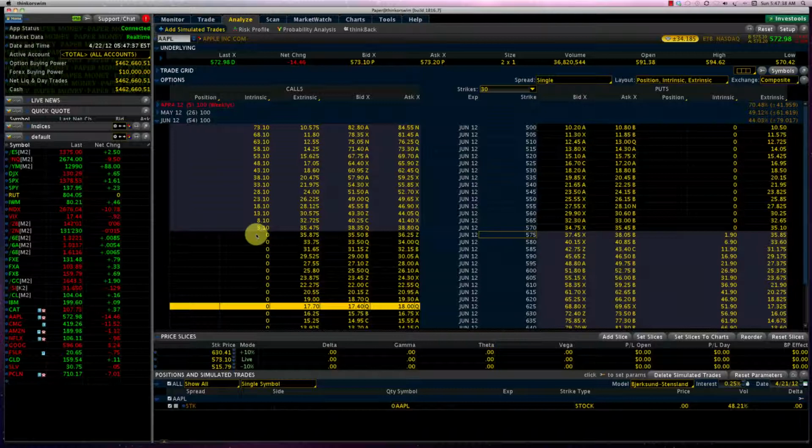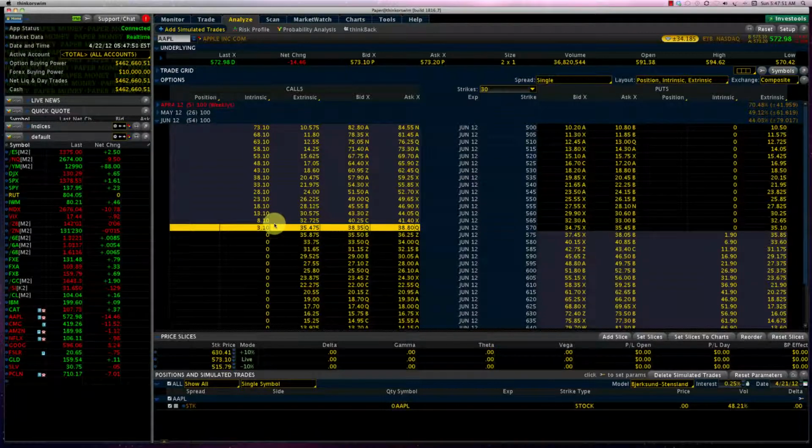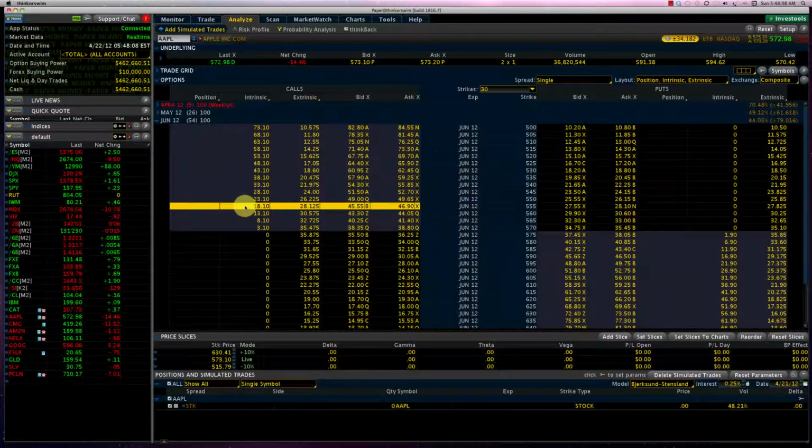So the intrinsic value of all out of the money, or technically at the money, options is going to be 0. In our case, we've looked at 570, and as I mentioned before, it'll have an intrinsic value of $3 because the 570 call is in the money by $3. So that's what we're looking at, and you'll notice that as you go higher or deeper in the money, the intrinsic value of these options is going to increase.